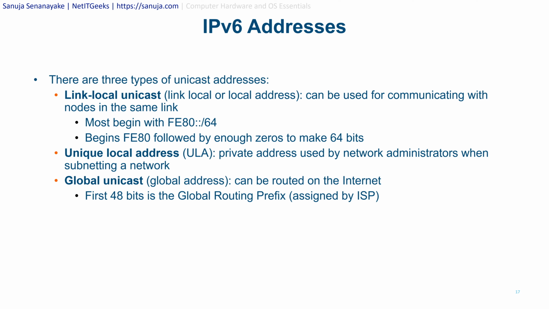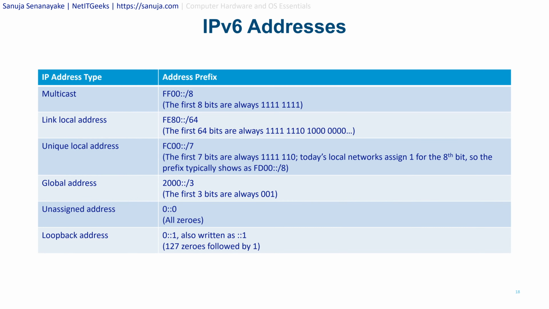But keep in mind, most IPv6 addresses are globally routable. It's not a private address, right? It is privately routable too, but it's not a private address. So here is a big overview of IPv6 address types.